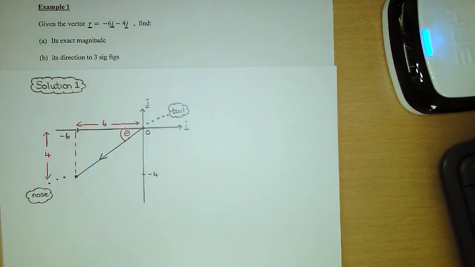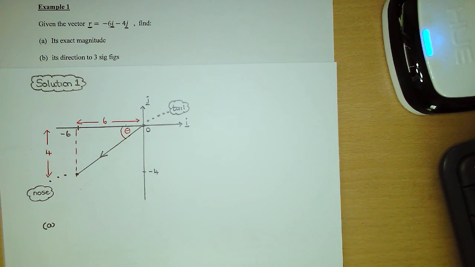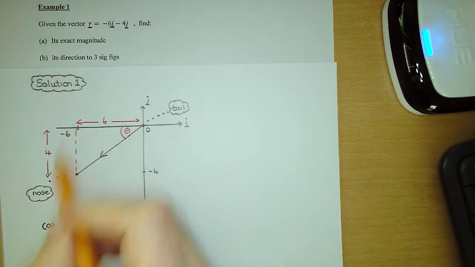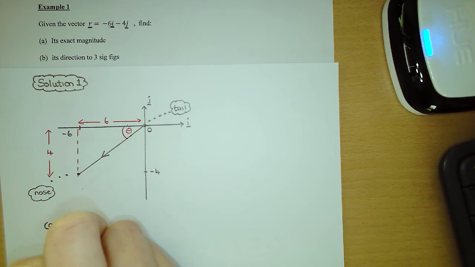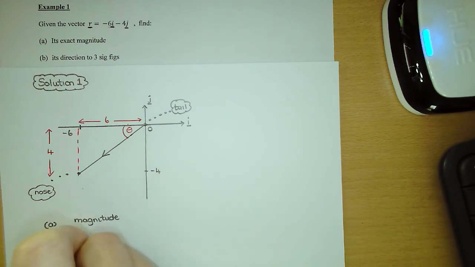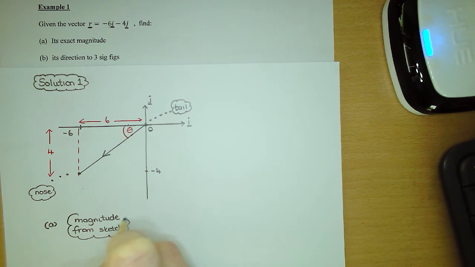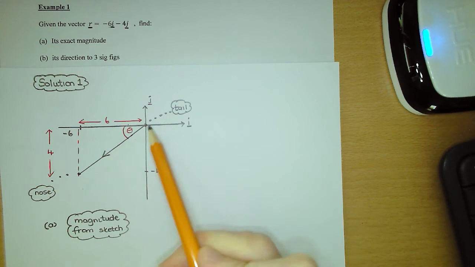Okay, so we're now ready to get the magnitude in part A. I'm going to show you 2 methods we can get the magnitude. I'm going to get the magnitude directly from the sketch. Okay, so the magnitude, remember, is the length of the vector.